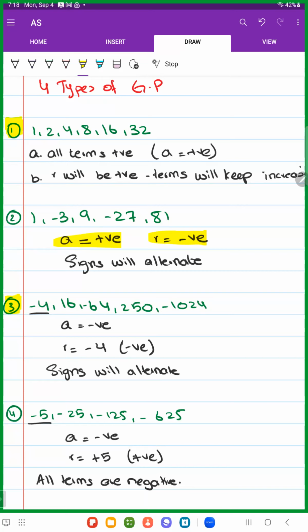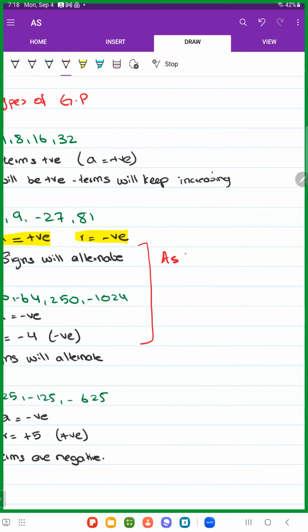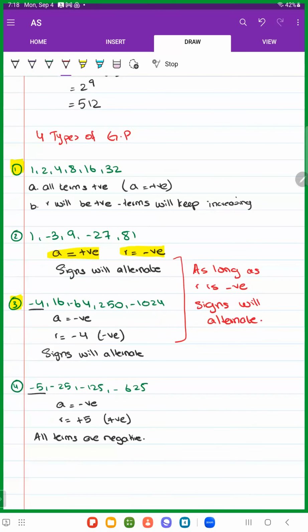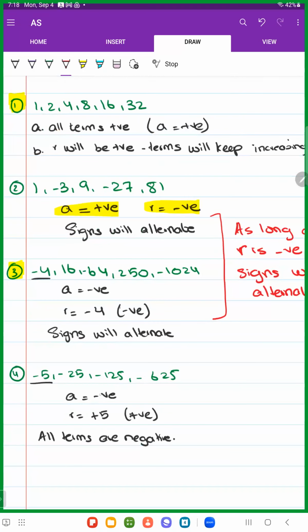What you can conclude from this is, as long as R is negative, signs will alternate. Do I make sense? Yes, miss. In the last one, my R is positive, but A is negative, so all were negative. Okay?